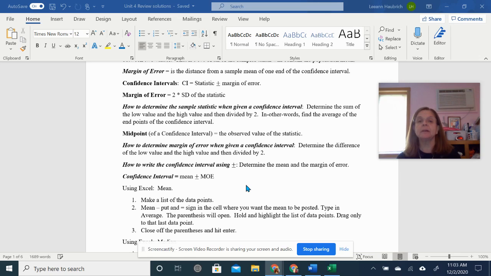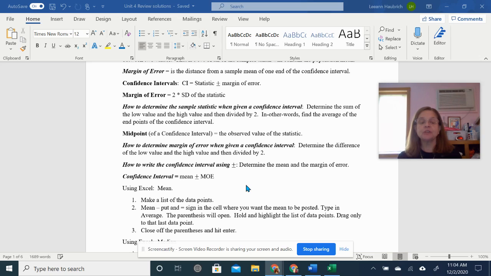Add them together, divide by 2, and you'll get your statistic. Another way you can do it is to get the range of that confidence interval. The high value minus the low value is going to give you the range. Divide that in half, and again, you will have the sample statistic. Think about whatever way makes more sense to you.